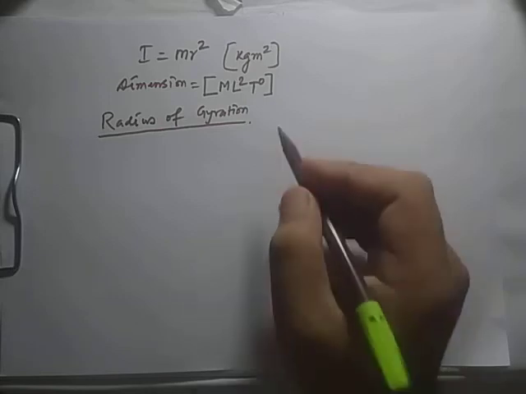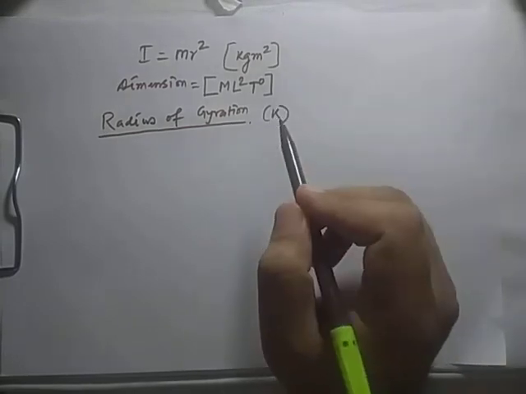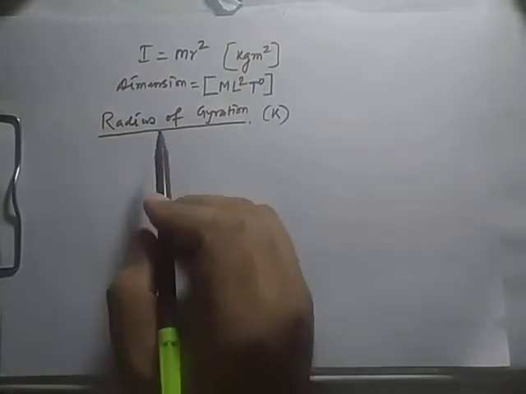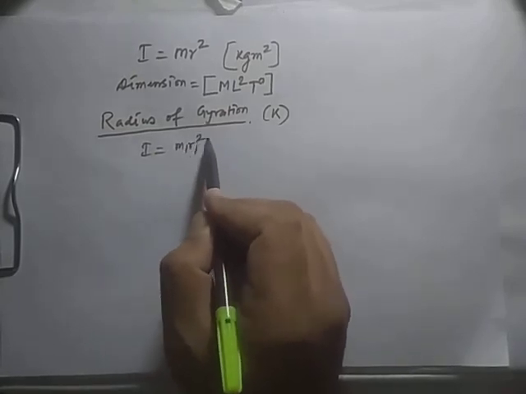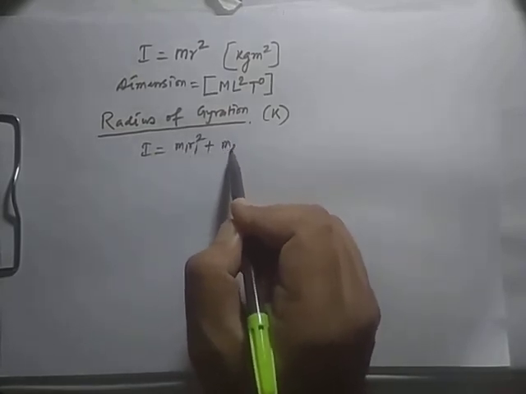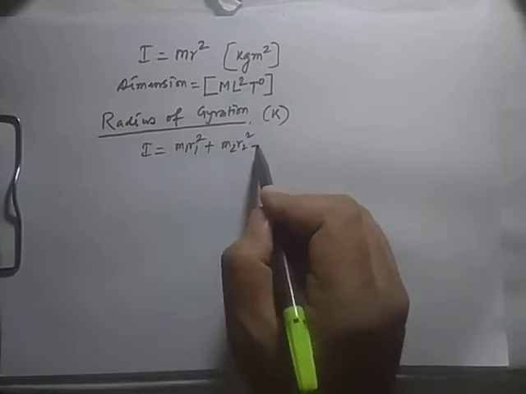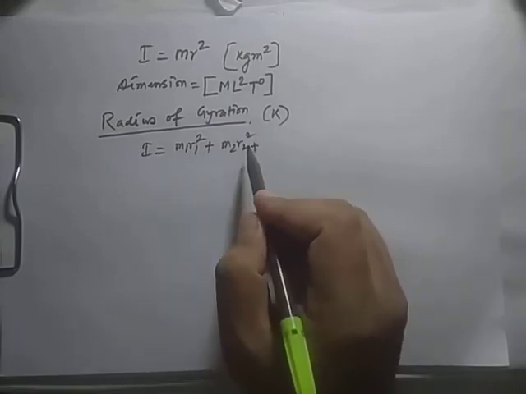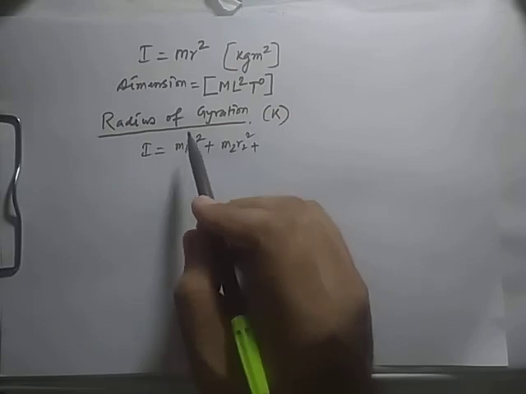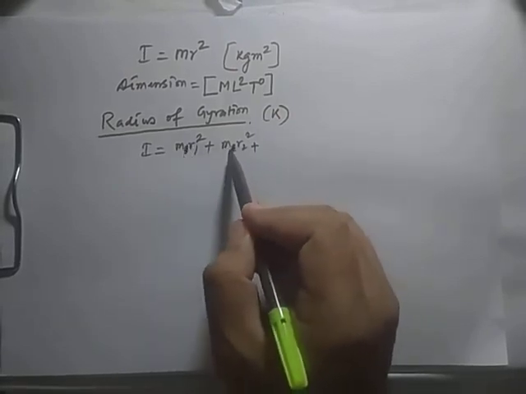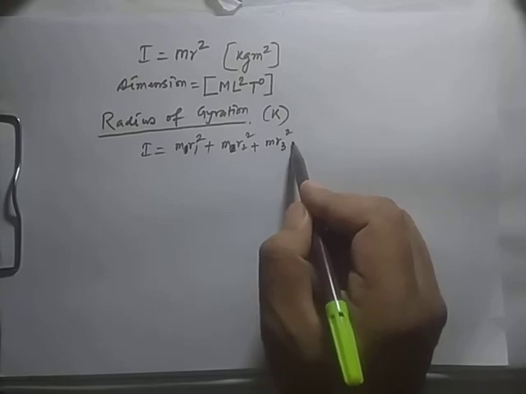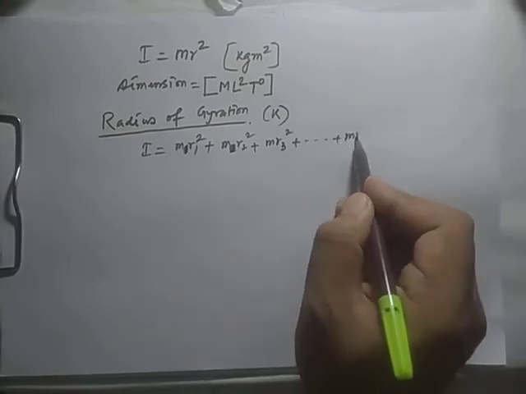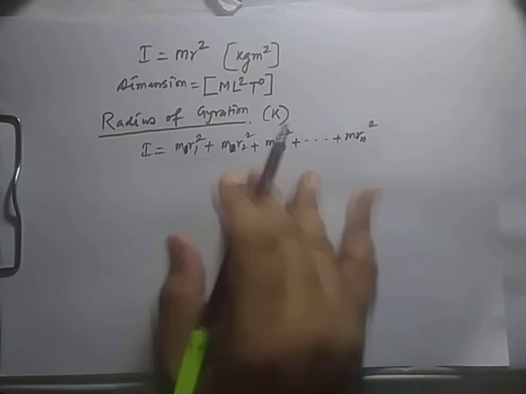It is denoted by capital K. We know that I is equal to m1 r1 square plus m2 r2 square plus and so on. In case all the masses are the same, it is m r1 square plus m r2 square plus m r3 square, and in this way up to m rn square.